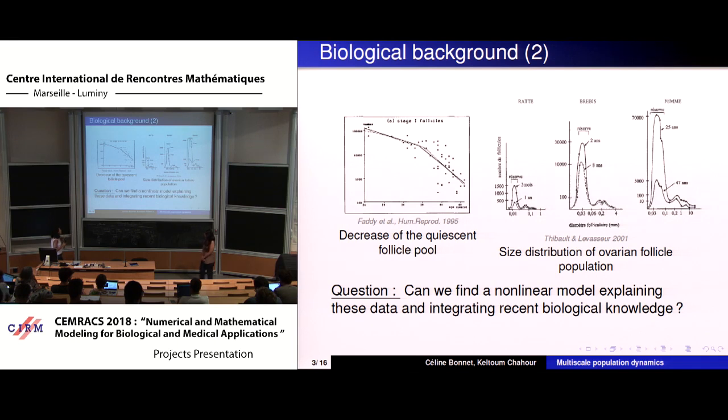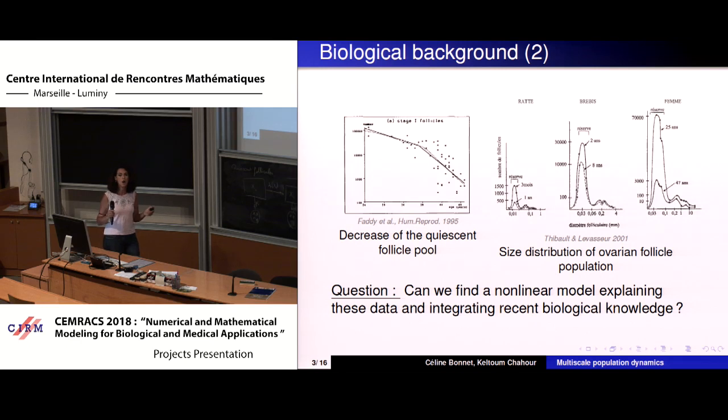That means that the decrease in the number of follicles is higher in the final stages than in the first stages. We can also notice that the pool of quiescent follicles goes to exhaustion. So at a certain time we have a very, very small number of follicles still in the ovary.